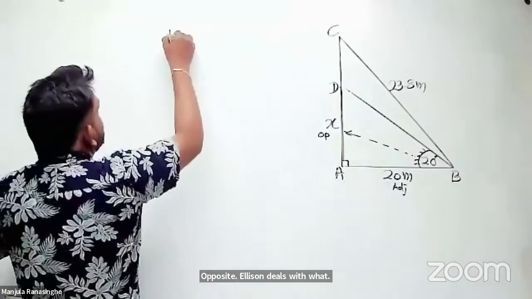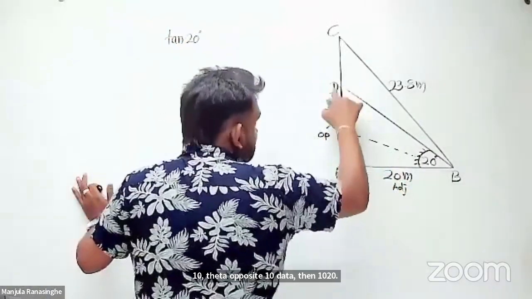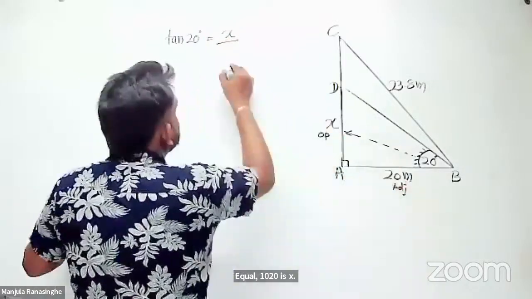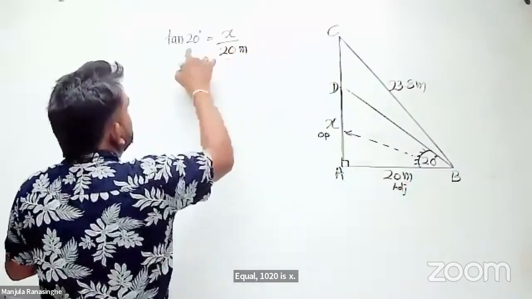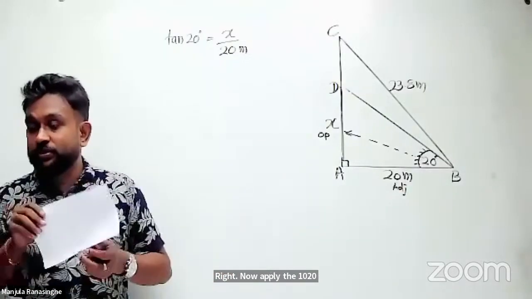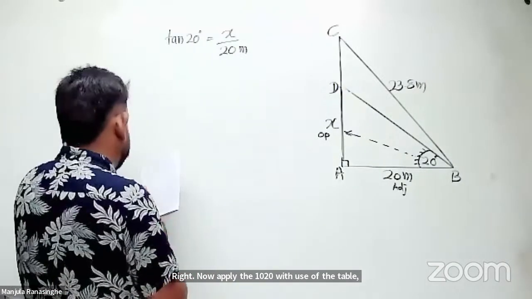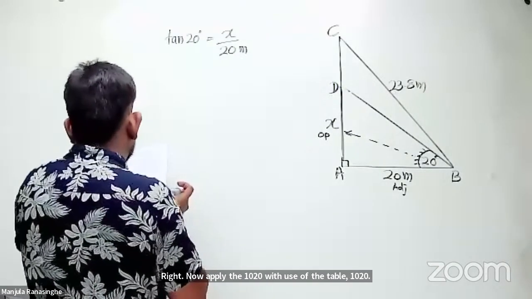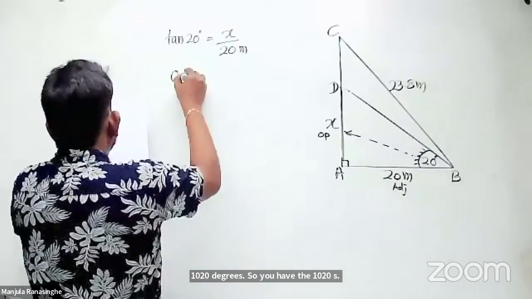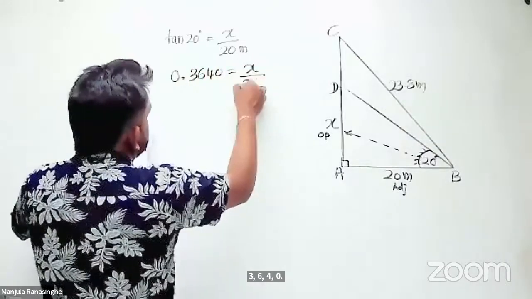Then tan 20 equals opposite, X, over adjacent, 20 meters. Now apply tan 20 using the table. Tan 20 degrees is 0.3640, equal to X upon 20.